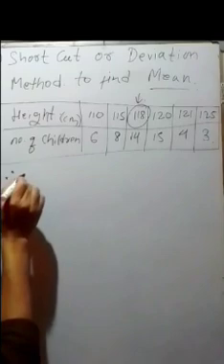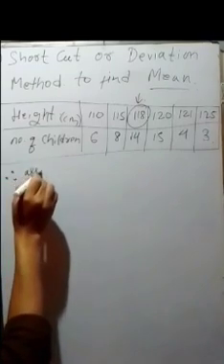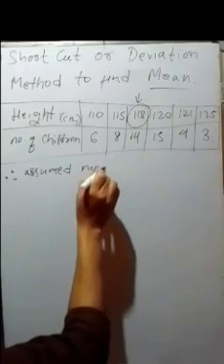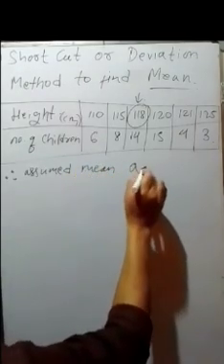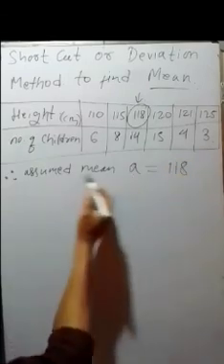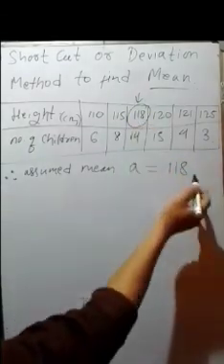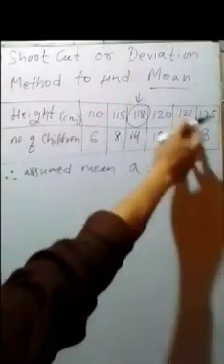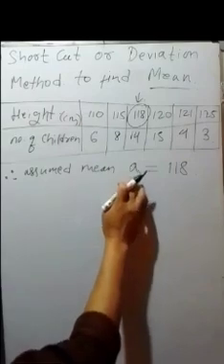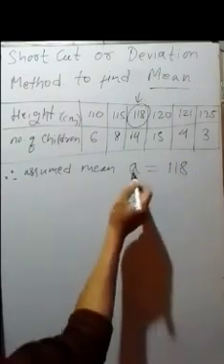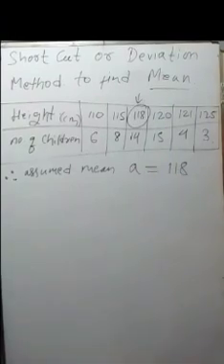Therefore, let the assumed mean be a, and let this middle value be 118. You can take any value from these heights, just as an assumed value. Therefore, a is 118. Now we have to make the frequency table.